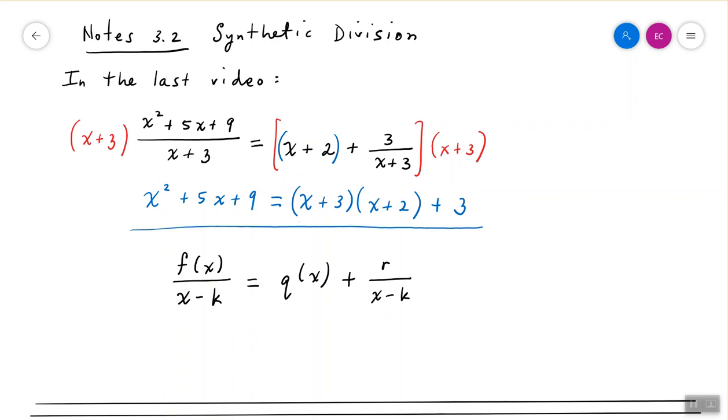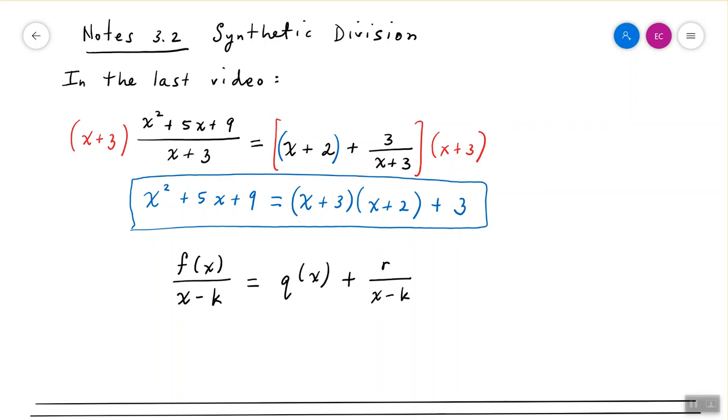So when I look at this now, I can look at the left side as a polynomial function, f of x, and the right side represents a new way to write that polynomial, an equivalent way to write it.